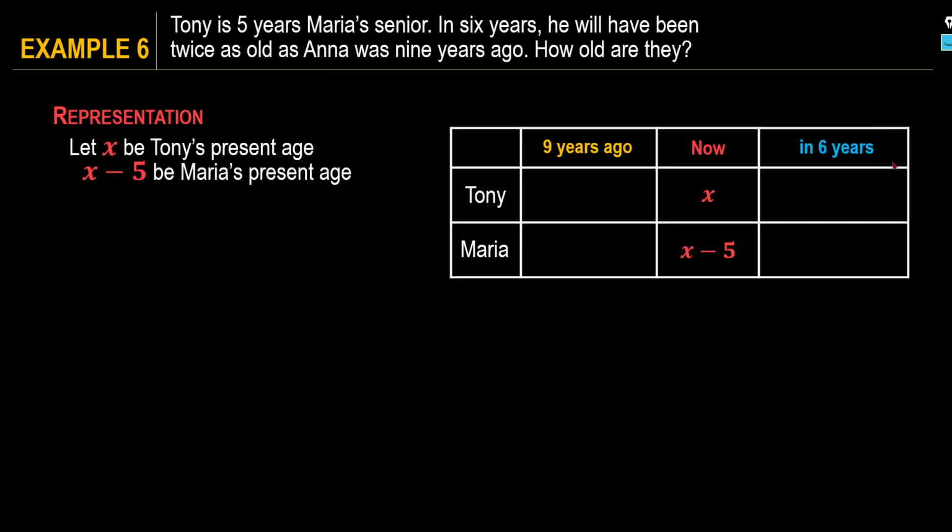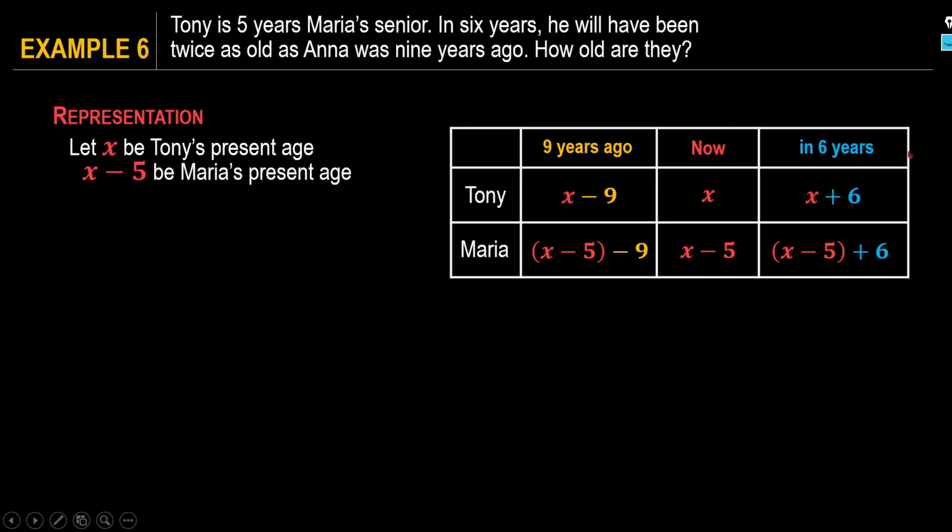Headings, use those as either adding or subtracting years. For 9 years ago, syempre, we subtract. You have x minus 9 and x minus 5 minus 9. Yung future, in 6 years, pwede add ka ng 6. Kompleto na siya. Na-complete na natin yung table.